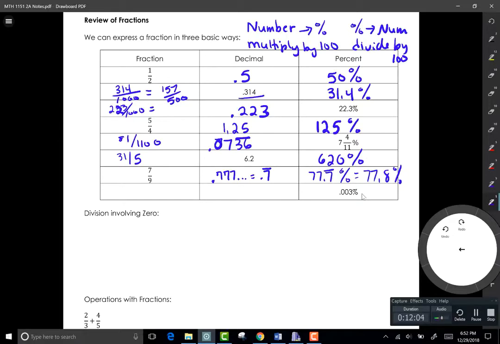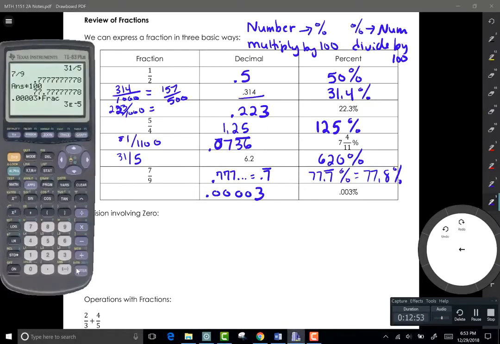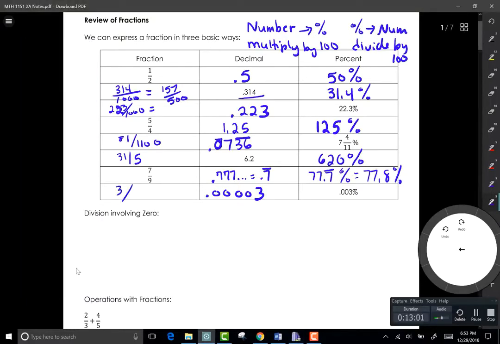So I'm going to put in the calculator 0.003 and divide by 100, and I'm going to get 0.00003. So a really, really small number. Since I have 1, 2, 3, 4, 5 decimal places, I'm going to write 3 over a 1 with 5 zeros. 1, 2, 3, 4, 5.